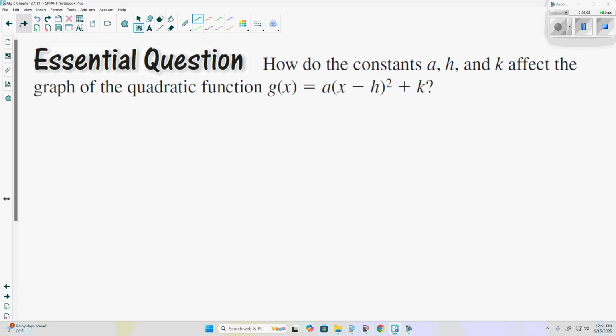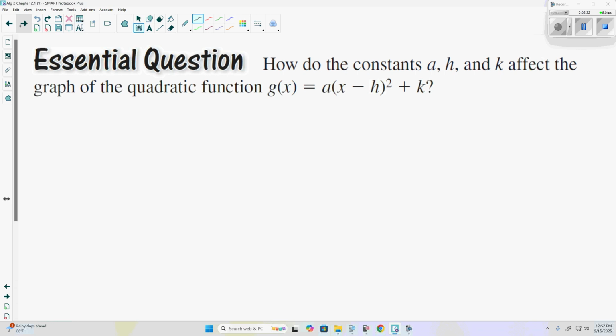a had two main places, because if a has a value other than 1, a positive value other than 1, it's a vertical stretch if a is greater than 1, and it was a vertical shrink if 0 is less than a is less than 1.